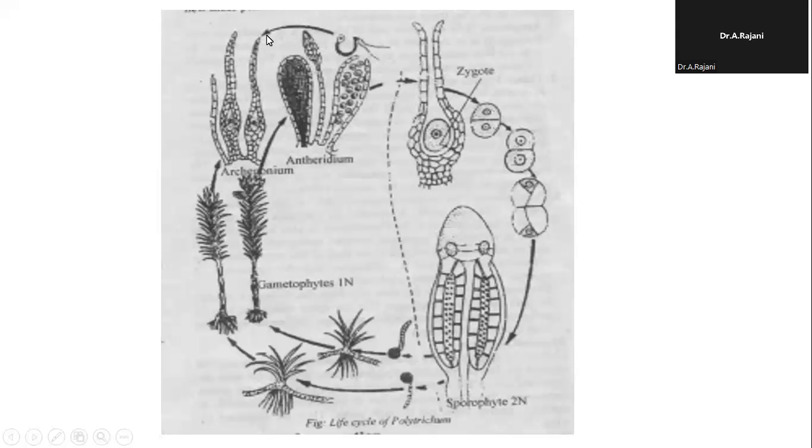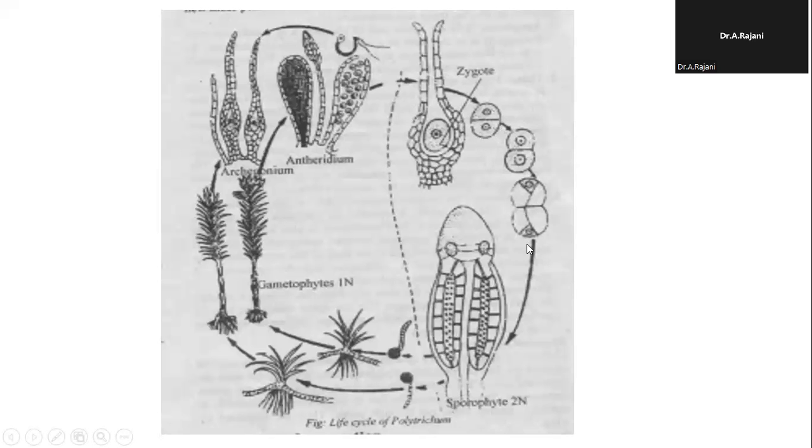Now upon maturity, antheridia will produce the anthrozoids, or sperm, and the archegonia have the venter consisting of the female gamete, the egg. Now fertilization will occur through the fusion of these anthrozoids with the egg cell, transforming into the zygote.